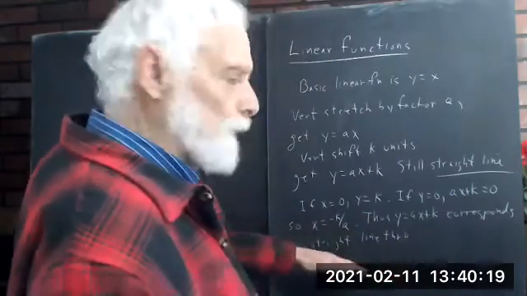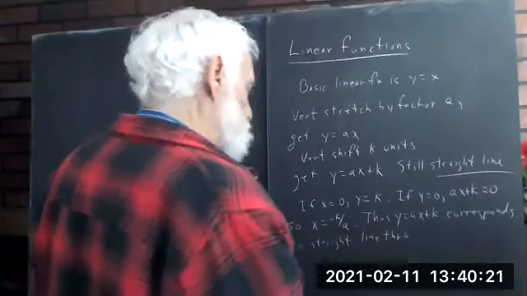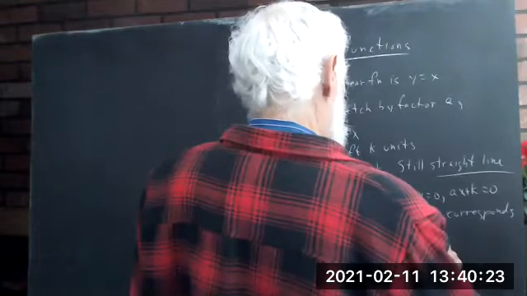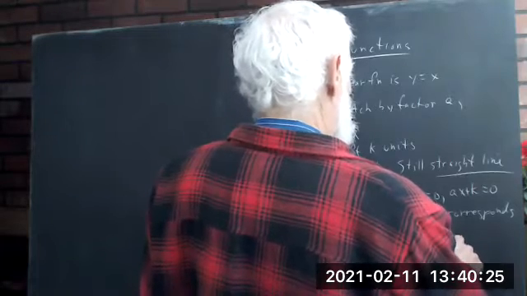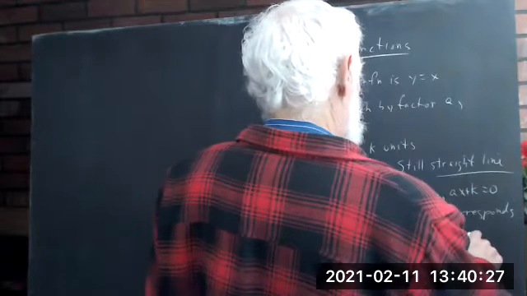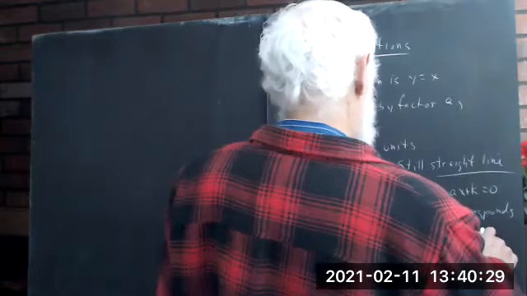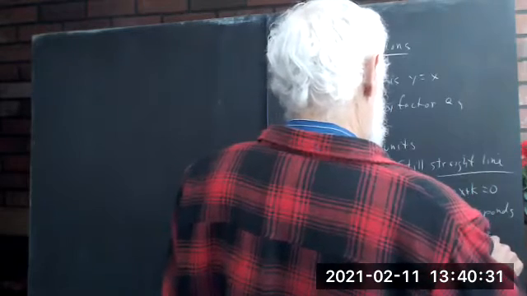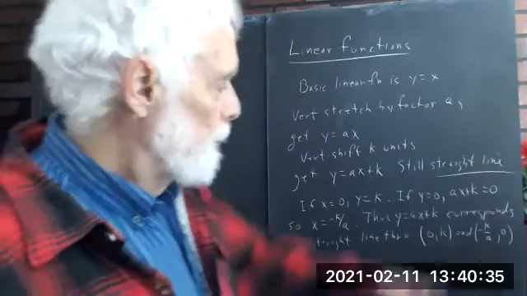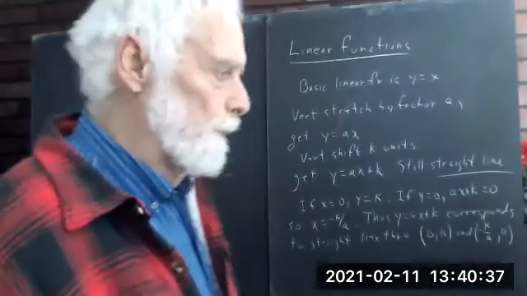So y equals ax plus k corresponds to a straight line through the points 0, k and negative k over a, 0.